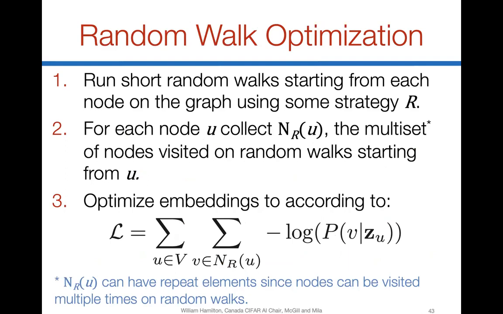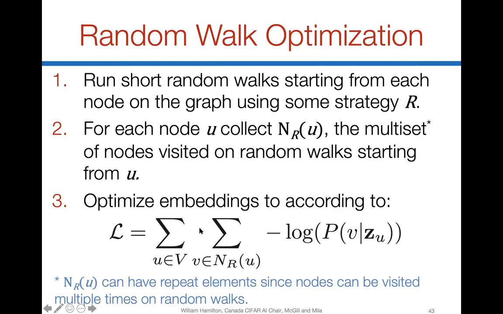For each node, we're going to collect a multi-set. It's technically a multi-set because in a set every entry can only be represented once, but in a multi-set you can have duplicate entries. This multi-set says what are all the nodes I've seen on a random walk starting from node U. So if I've seen node V 10 times on a random walk starting from node U, node V is going to occur 10 times in this set, N_R(U).